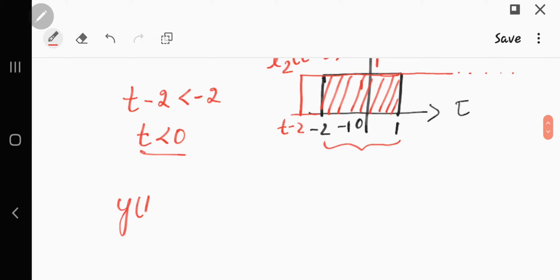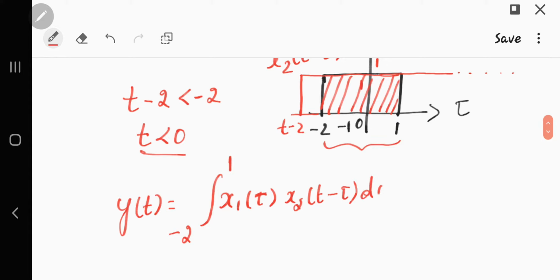What will be the y of t value for this particular case? The overlapping region is from minus 2 to plus 1, x1 of tau, x2 of t minus tau, d tau. Now x1 of tau is 1 and x2 of t minus tau is also 1 in this duration. So this is what we are going to integrate.